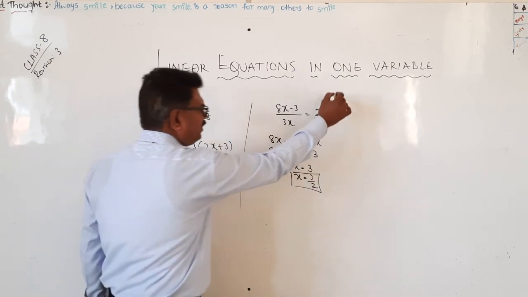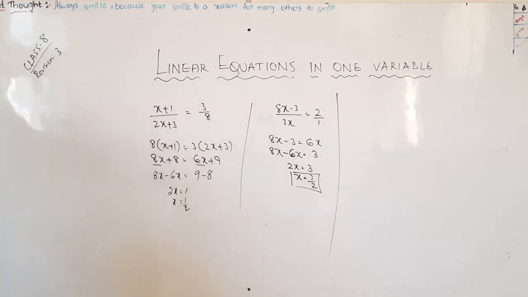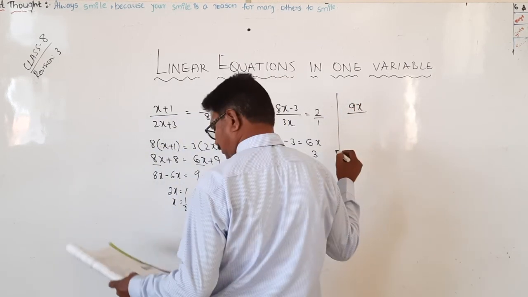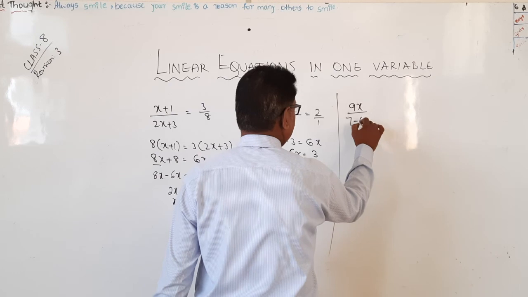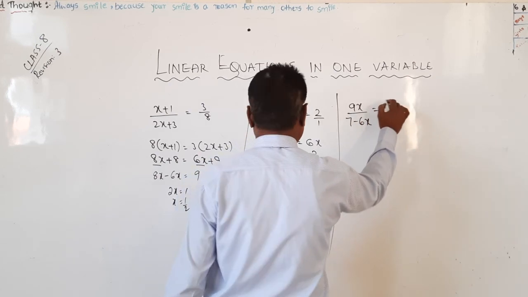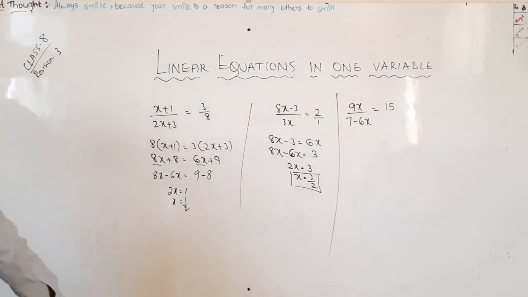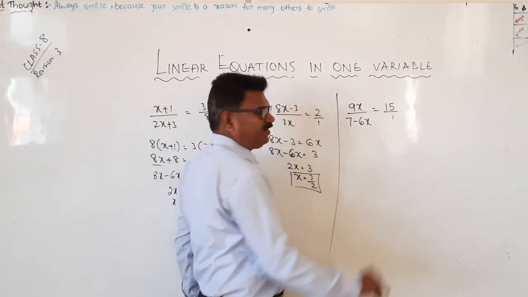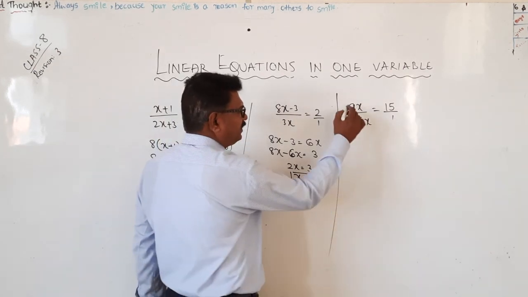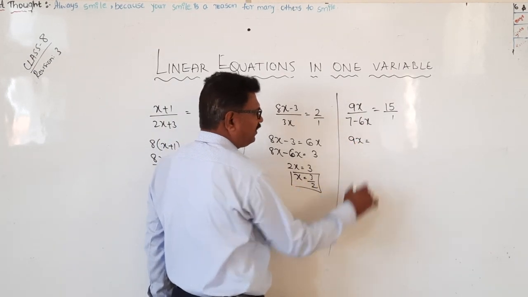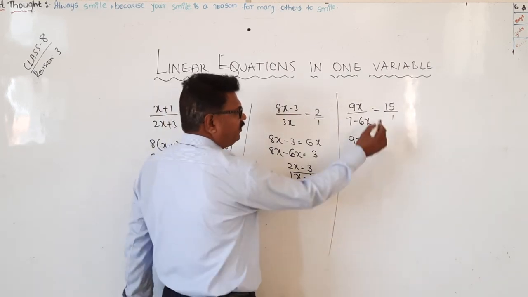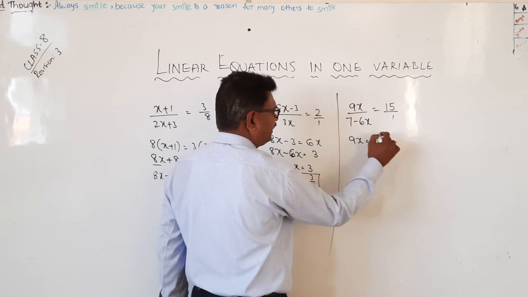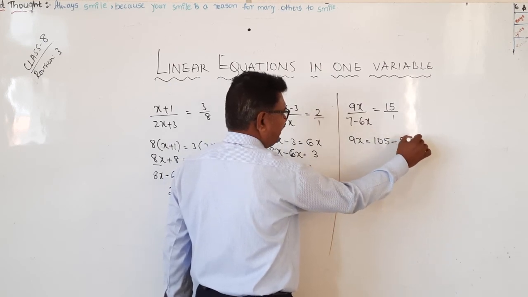Understood? Yes. One more question. 9x divided by (7 - 6x) is equal to 15. Same problem. Here again divided by 1. Now 1 into 9x is 9x, equal to 15 into 7, that is 105, minus 15 sixes are 90x.